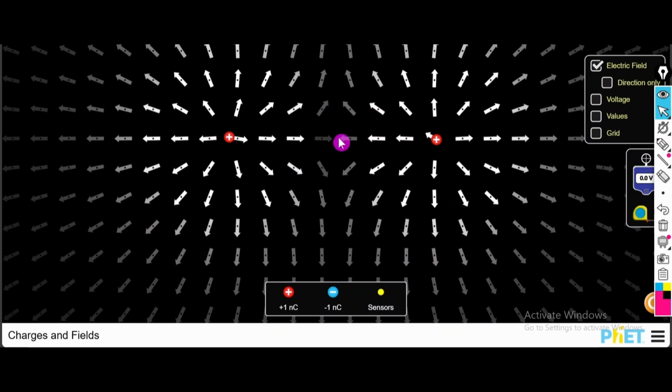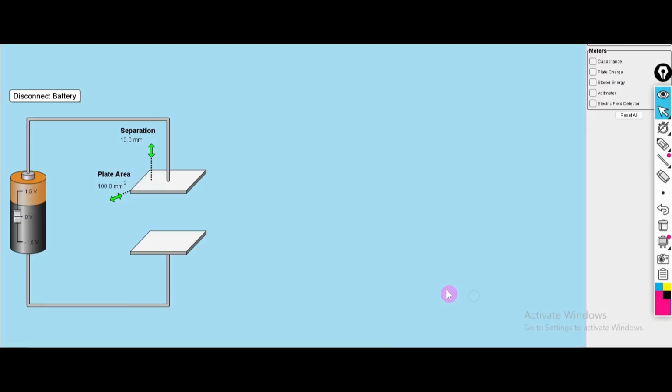In this case they cancel each other, change direction, and the electric field strength decreases. I am not going into detail here, but I am mentioning the concept of electric field lines for a single charge. Now we are going to discuss the electric field lines between two plates.